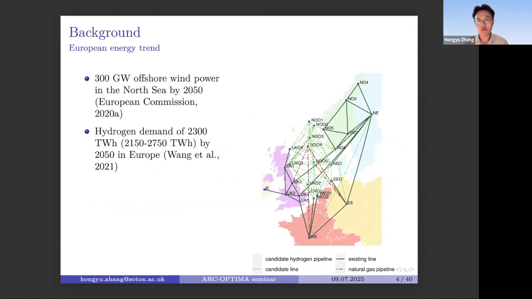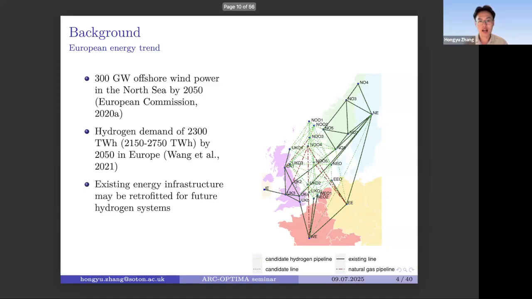In addition to this renewable power, other energy carriers, such as hydrogen, are also given a very important role in this energy transition. On top of new investment and targets towards renewable energy, we also have a very mature existing energy infrastructure, mainly natural gas, that may be retrofitted for future hydrogen systems.